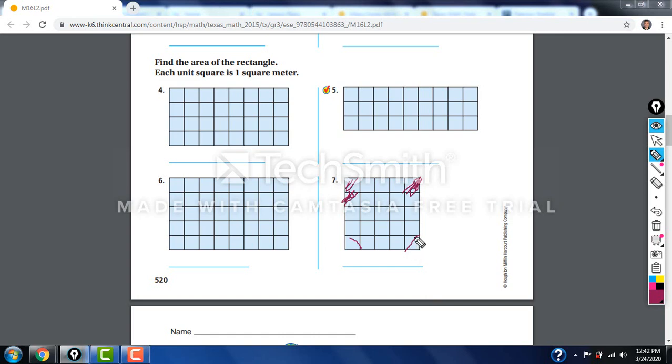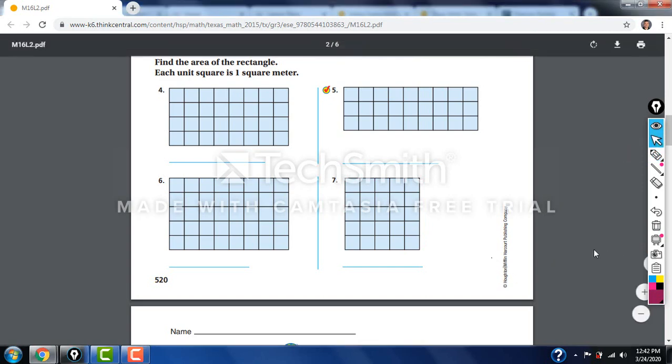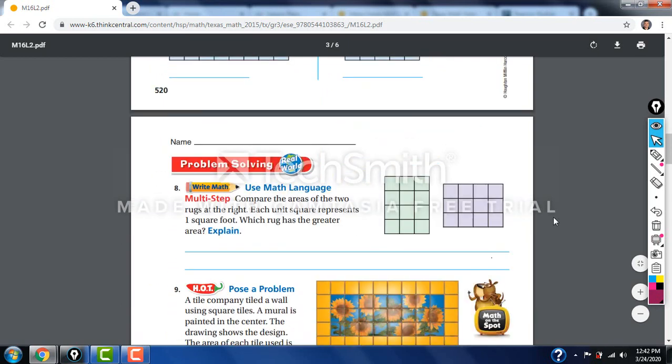So understand the concept that they don't show you everything, but they do show you half. Make sure you add those two halves. Two halves make one square unit. I just thought I'd add that. They're not asking you that here, but that is one of the ways they will measure that.